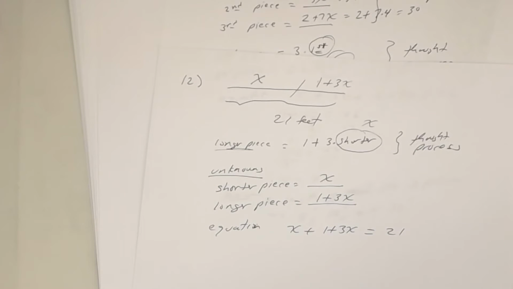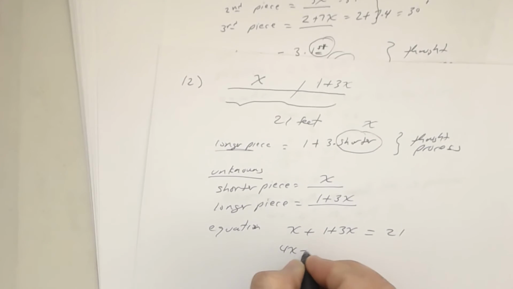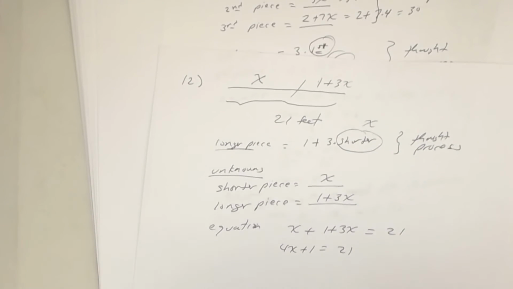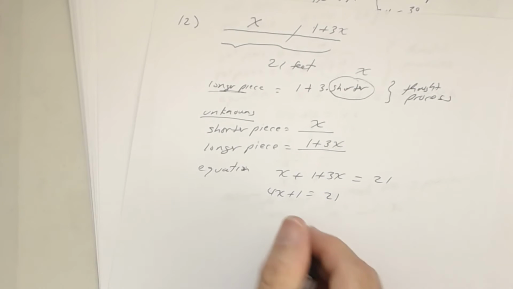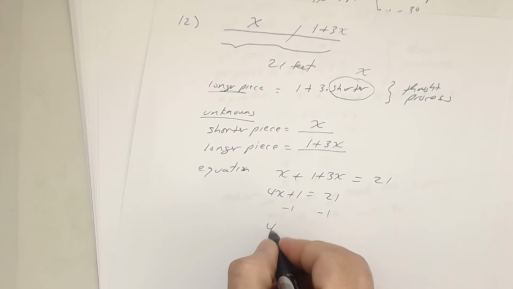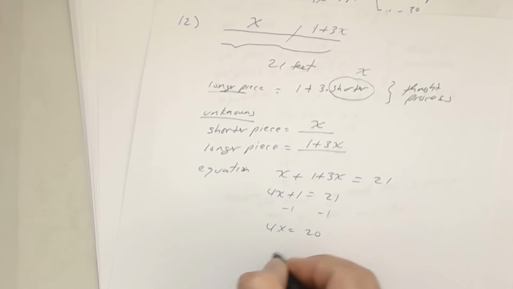All right, and once you get the equation, the rest is first week: combine like terms. So that's 4x plus 1, is that correct? Equal 21? So 4x equals 20, so what's x? X is 5.